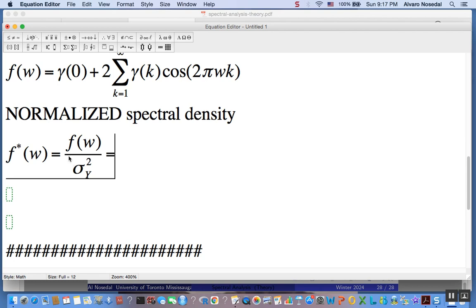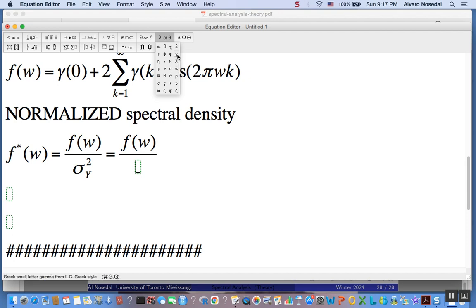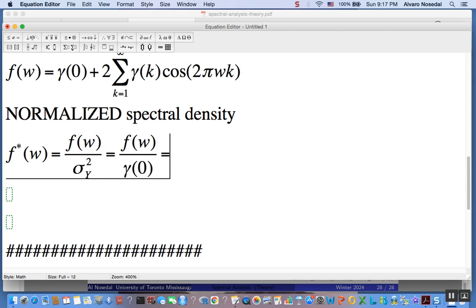Now, another way of referring to the variance of a process would be using the autocovariance function. So that is the same as gamma evaluated at 0. And you guys also know that if you divide the autocovariance function by gamma at 0, you end up with the autocorrelation function, right?